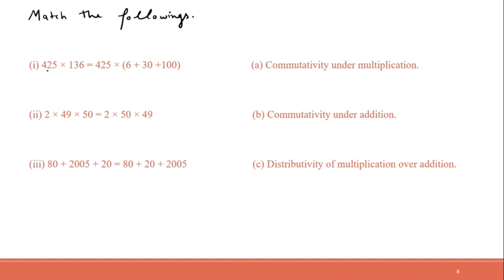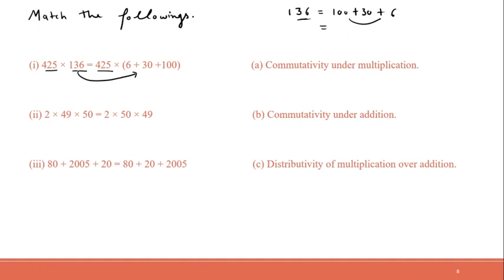What is it? Here it is 425 and 136. So this equals 425 multiplied by, the question is to break 136 into 100 plus 30 plus 6. This 100 plus 30 plus 6 is nothing but 136, right? If I add these numbers, we'll get 136. So here it is distributivity.